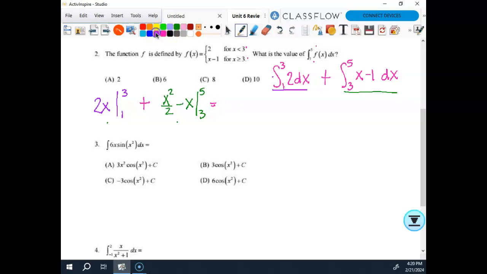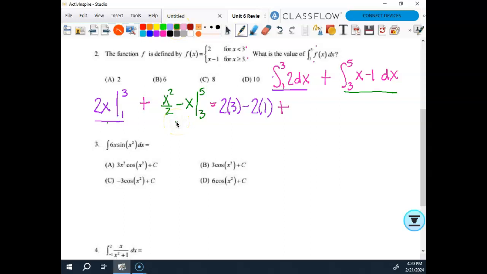When we are evaluating, I'm going to evaluate this one going from 1 to 3, so that means I substitute in 3 first, so 2 times 3 minus 2 times 1. That's this part. Plus, now I'm going to evaluate this.